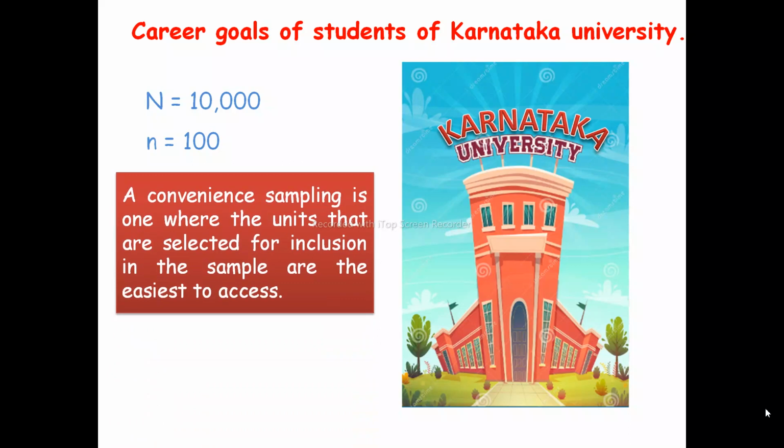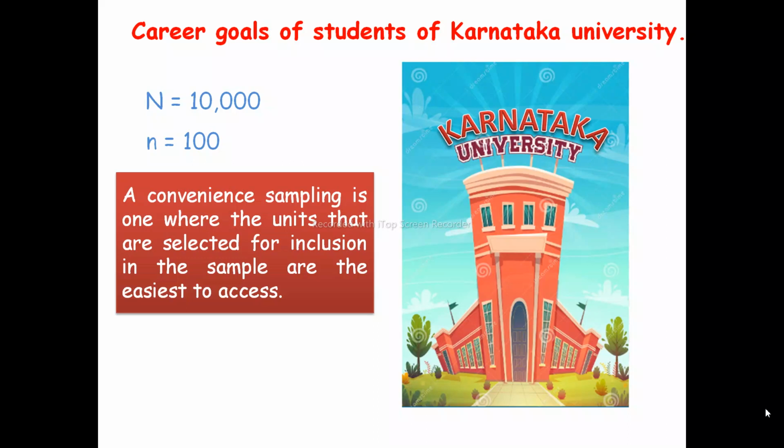A convenient sample is simply one where the units selected for inclusion in the sample are the easiest to access. This is in stark contrast to probability sampling, where the selection of units is made randomly and we need to do more work. For non-probability sampling, the selection of the sample is very easy.